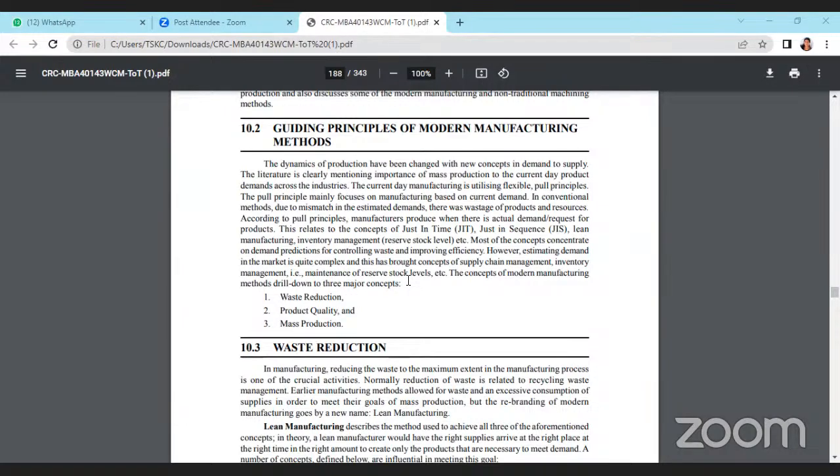The main things the manufacturing unit is looking for are three things: the waste has to be decreased, whatever product we produce should be of quality, and with quality it should be in mass production, meaning produced in large numbers.